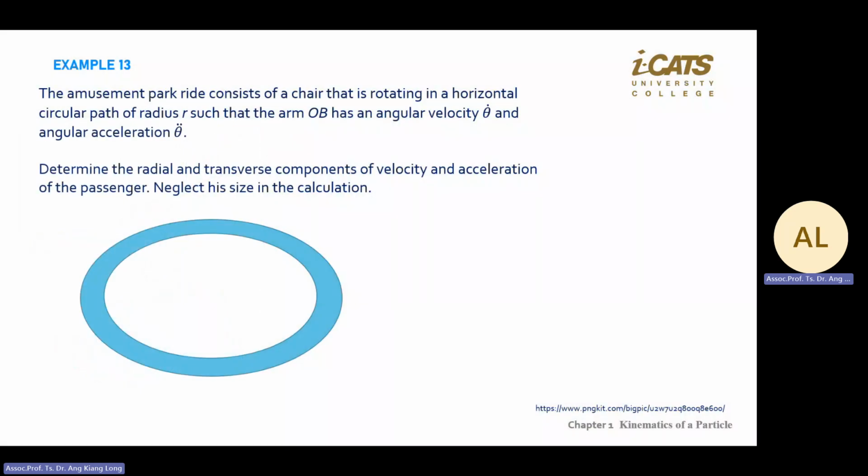Now just observe the steps we take when we solve cylindrical problems. How do you know it's a cylindrical problem? In the question, you will see something like theta double dot, theta dot, or R dot.